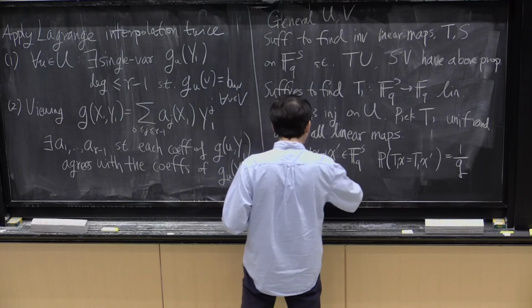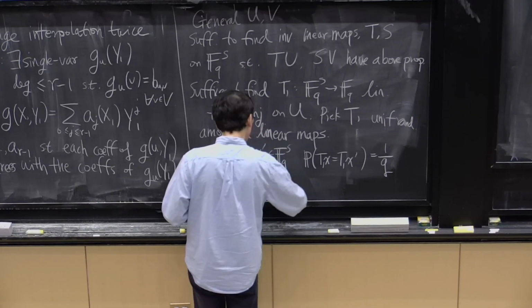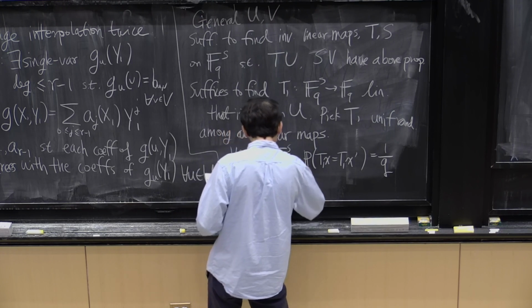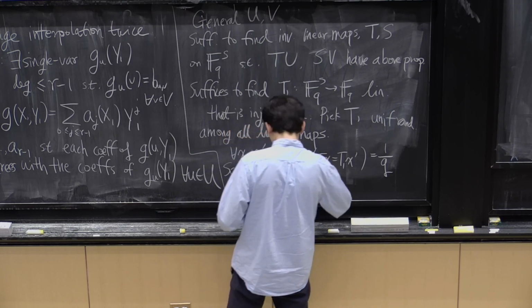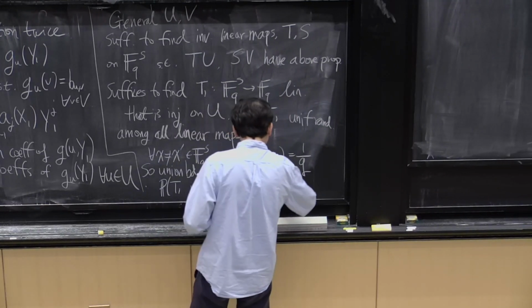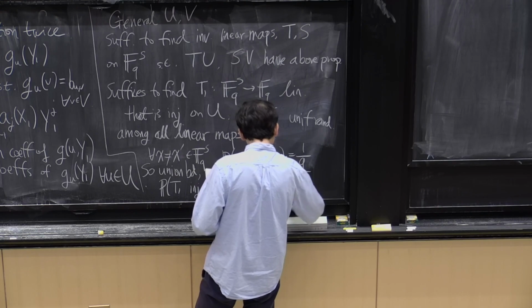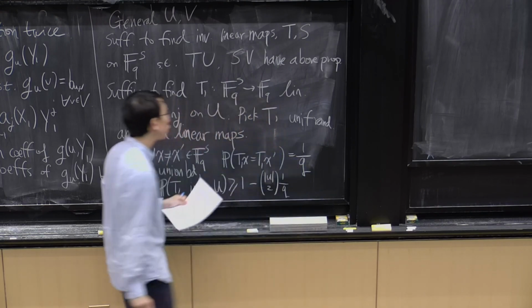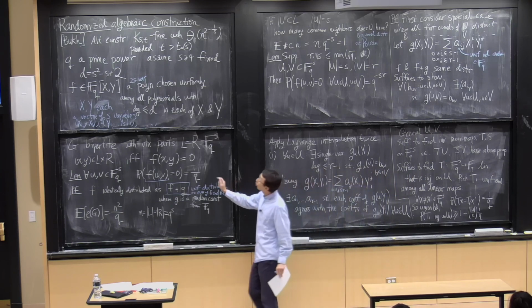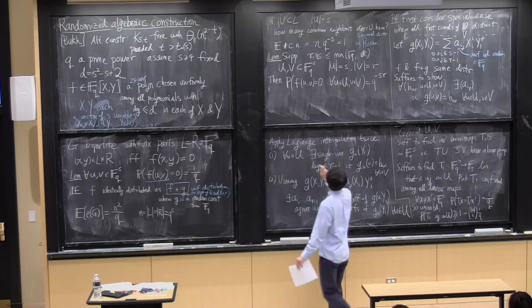Now by union bound, the probability that T1 is injective on U is at least 1 minus the size of U choose 2, times 1 over q. And that's why we chose q to be large enough.